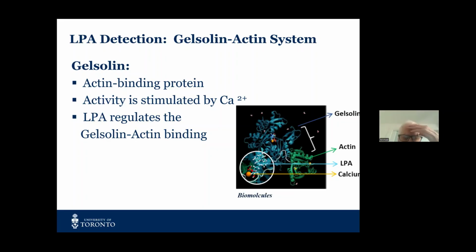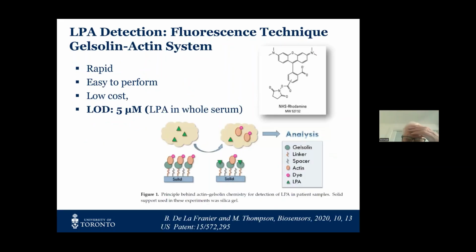In our work, what we do is we bind actin to gelsolin, and we label the actin with a dye, and the LPA comes along on the surface of the device and replaces the actin into solution, which can then be measured by fluorescence spectroscopy. So basically, the cartoon of what actually happens is shown here. We have a fluorescence system. In this case, it's particles that we're doing this on.